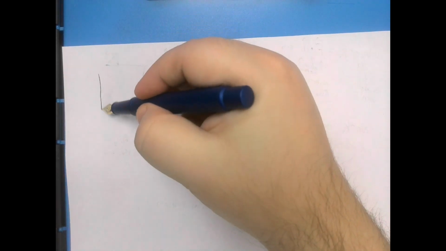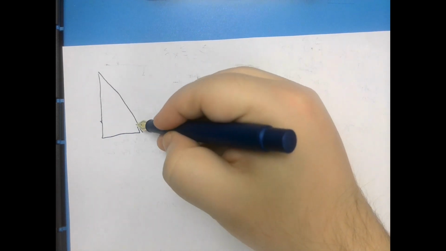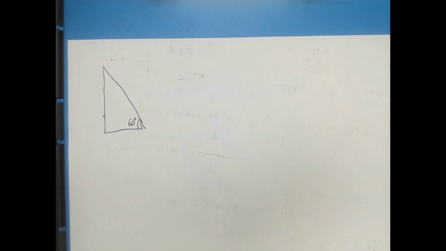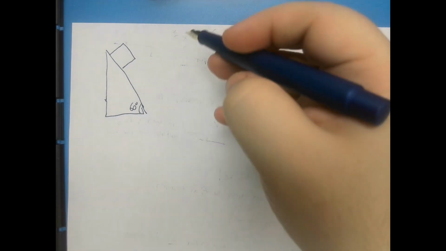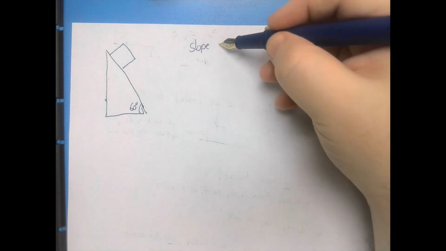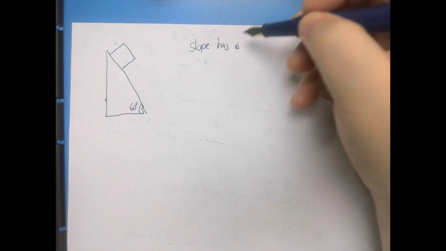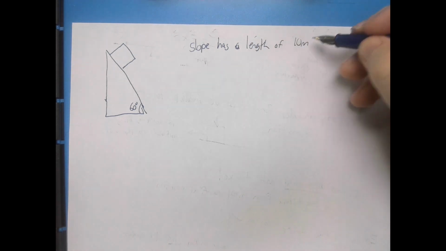So let's do another example. Let's suppose we have a slope. Let's make this 60 degrees. We have a box. And let's say that the slope has a length of 10 meters.